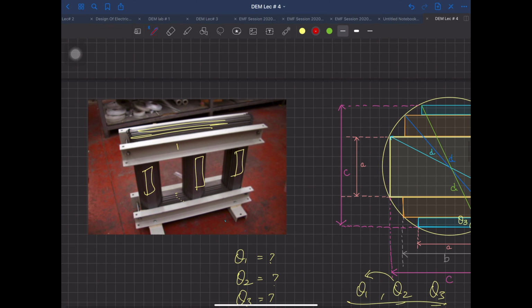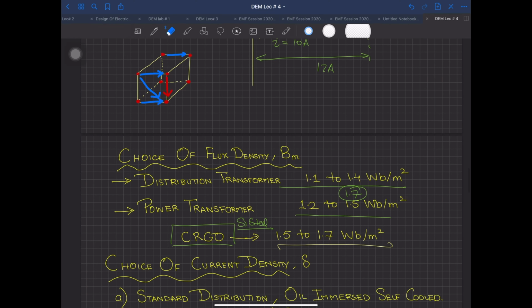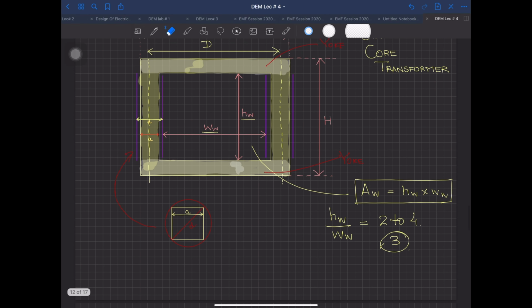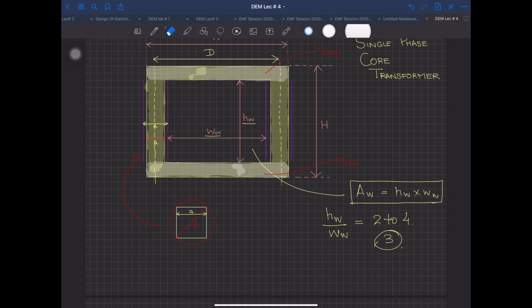But if you are going to go with a square shaped core and you have a yoke design in front of you, your yoke area, now one thing, this is very important, that for your yoke, your AY, that is the yoke area, has to be equal to the depth of yoke multiplied by the height of yoke. ये मैं तब की बात कर रहा हूँ when you are using a square area.